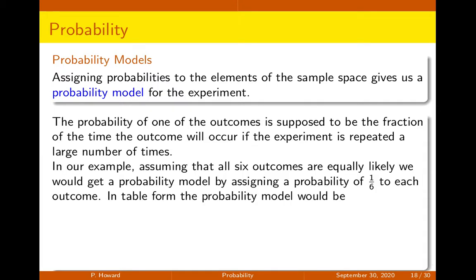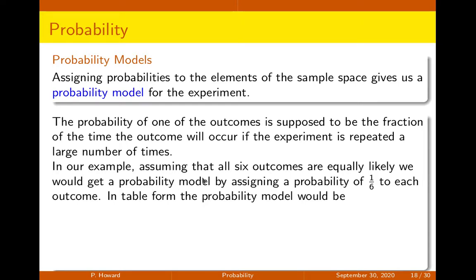So in our example, we're going to assume that the die that we're rolling is a fair die. In other words, we're going to be assuming that all 6 possible outcomes are equally likely. So we would expect each of those outcomes to happen 1/6 of the time. And so we would assign a probability of 1/6 to each of those 6 outcomes.